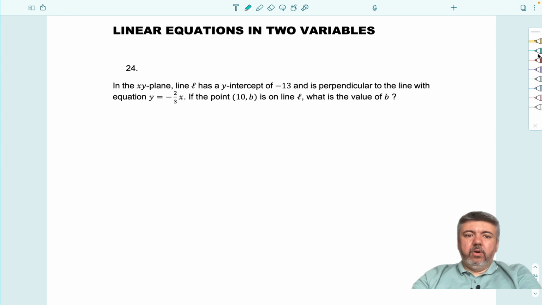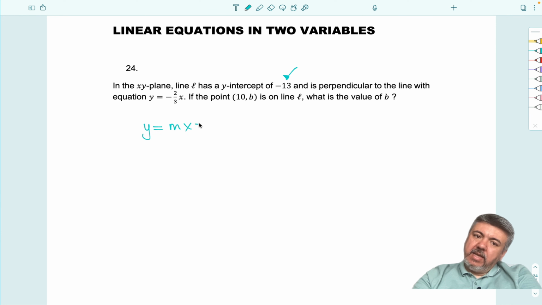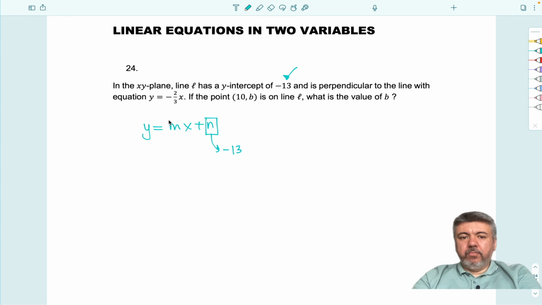Question 24. In the xy plane, line L has a y-intercept of -13. Okay, so y equals mx plus n. I know that n is -13. What about slope? It says this line is perpendicular to the line with equation y equals -2 over 3 x.